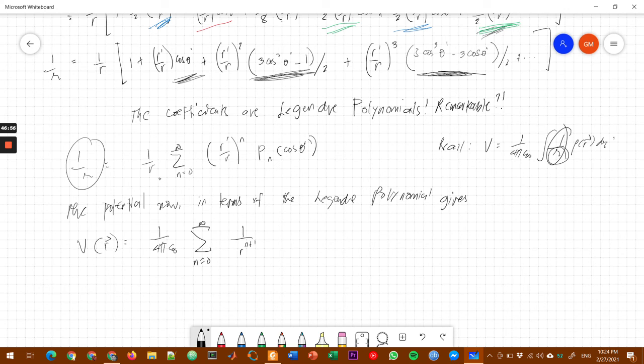So, that would be the integral of r prime to the n, and you have Pn of cosine theta prime rho r prime theta prime. Okay? So this is actually exact.